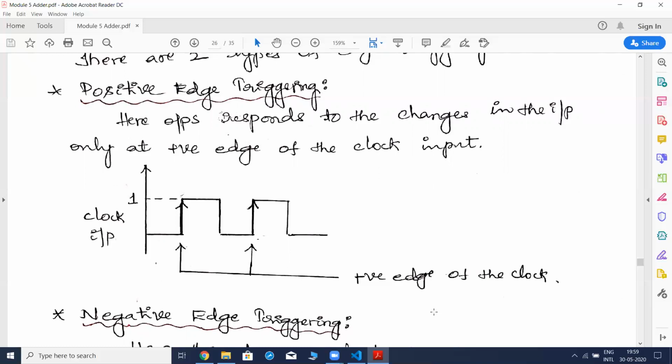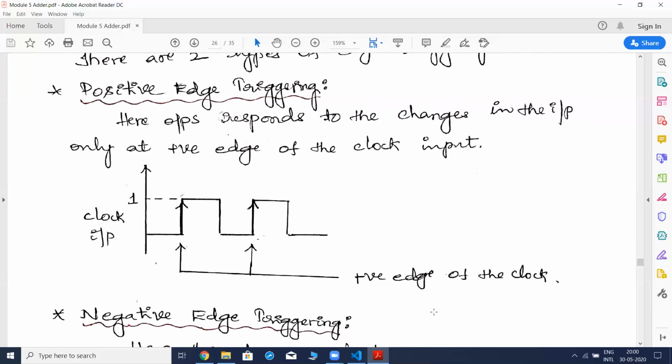A register is nothing but a group of flip-flops wherein you can store certain information. In order to build memories, we are going to use these latches as well as flip-flops.